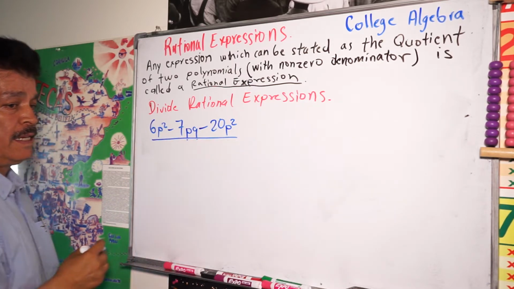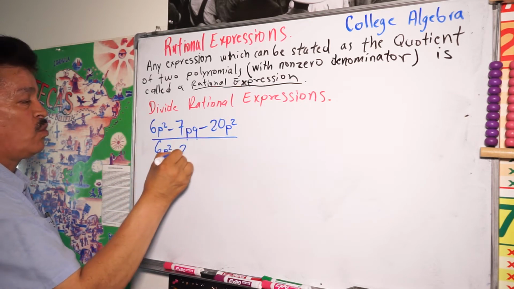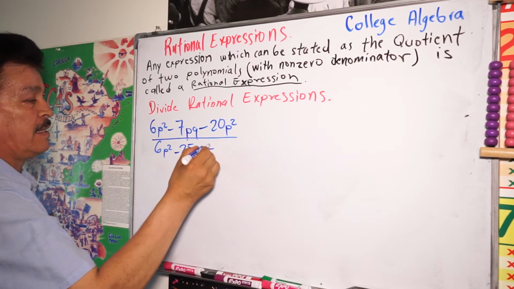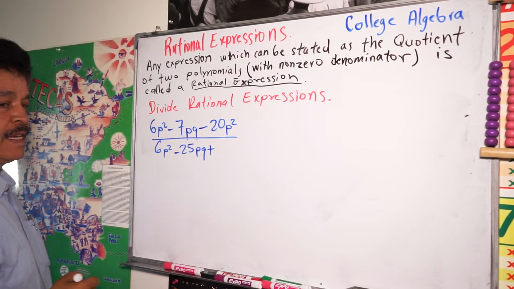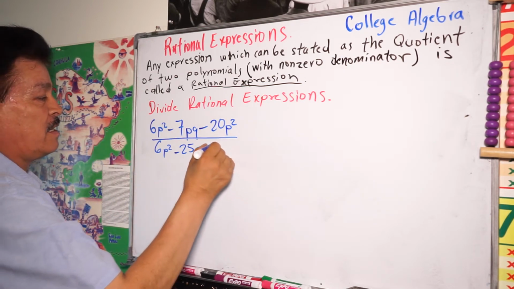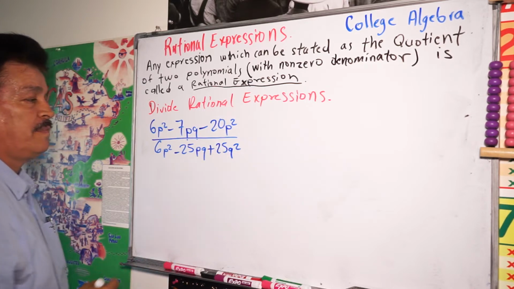Divide this over 6p squared minus 25pq plus 25q squared.